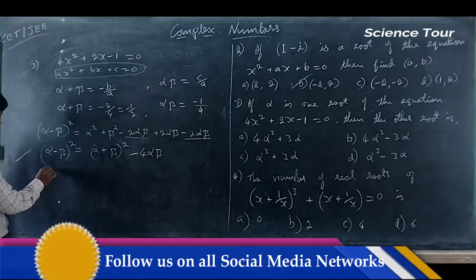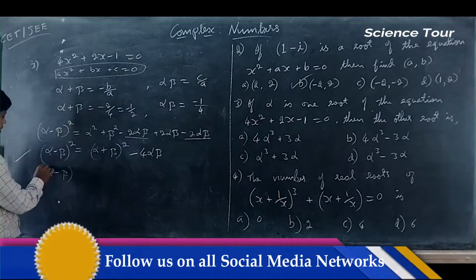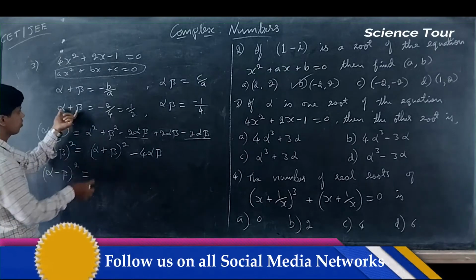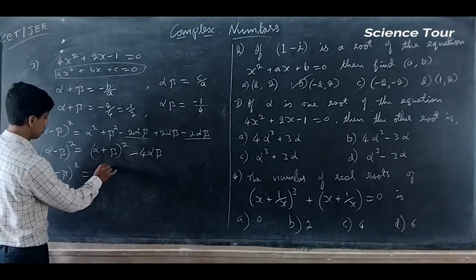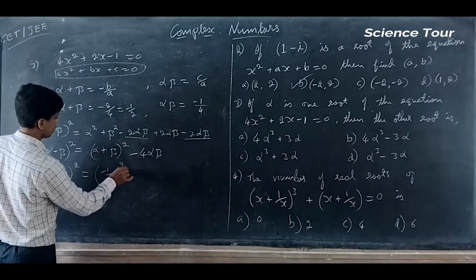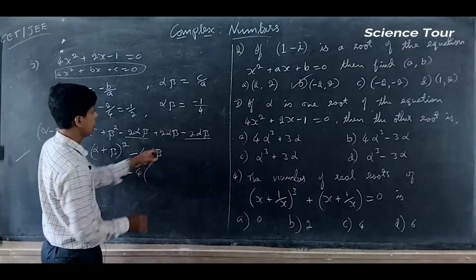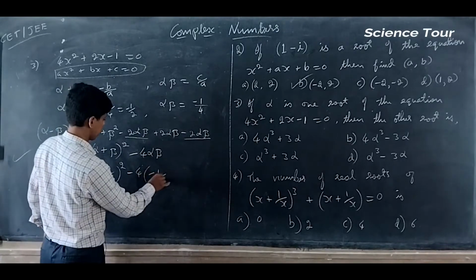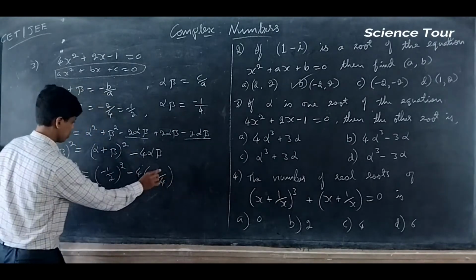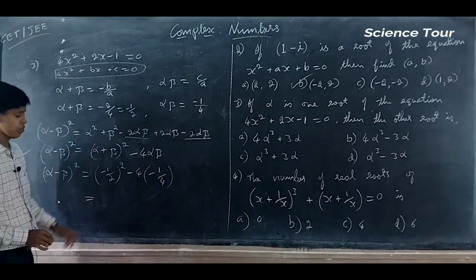So this is alpha minus beta square. What you know is alpha plus beta, that is minus half, the whole square, and minus 4 times alpha beta, which is minus 1 by 4. So that's so much easier for us to simplify.